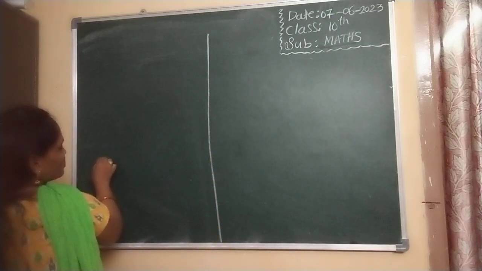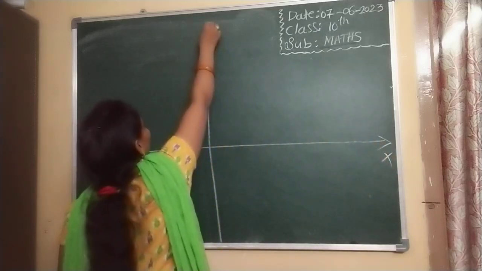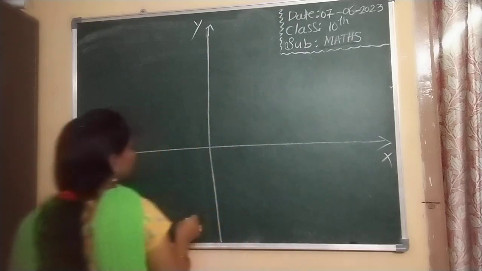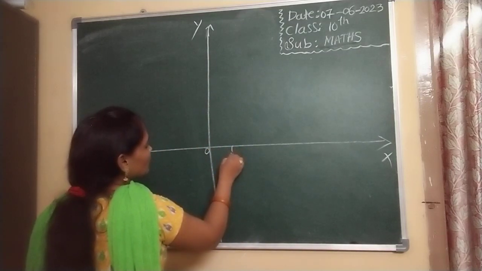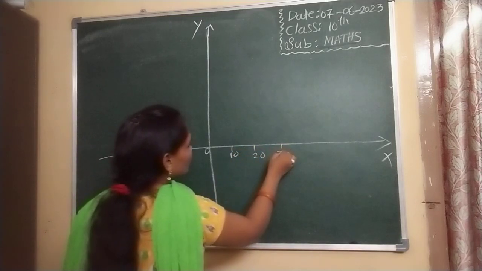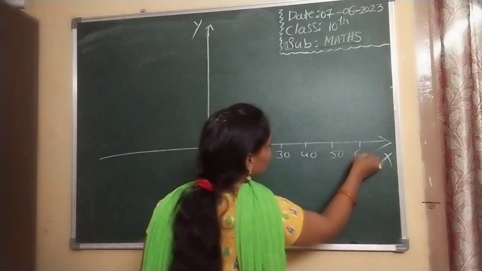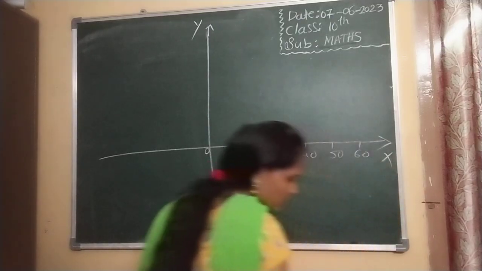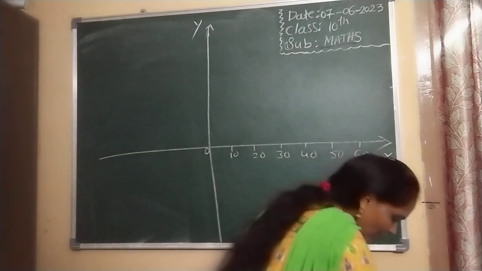I don't have that much space. That's x. Here y, 0. Okay. Here positive values 10, 20, 30, 40, 50, 60. X values, not more than 60. So enough. Next I'm choosing y values.